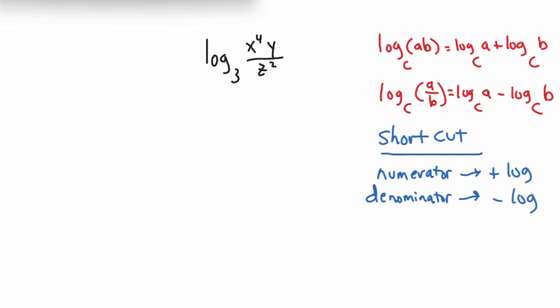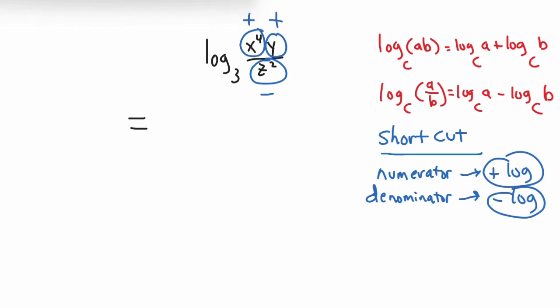There's a shortcut you can use for these types of problems. If the variable is in the numerator, like x to the fourth and y, the log is going to be positive. If the variable is in the denominator, your log is going to be negative. So using that shortcut, we're going to have positive log base 3 of x to the fourth.